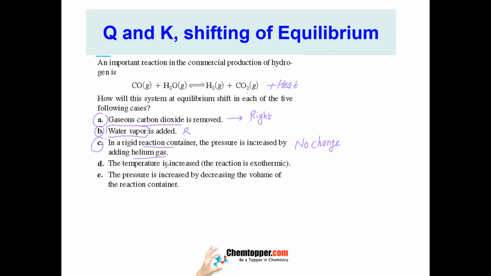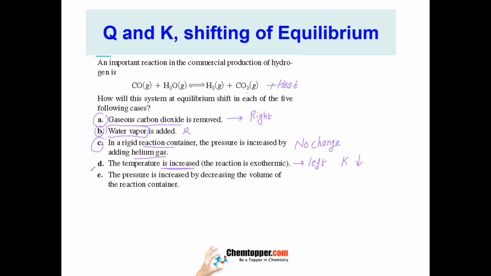You are increasing the temperature. In which direction will the system go? It will move away from heat. So left. What happens to K value? Yes, Afan. It will decrease because you are making more reactants. More reactants means K is less. More products means K is more.